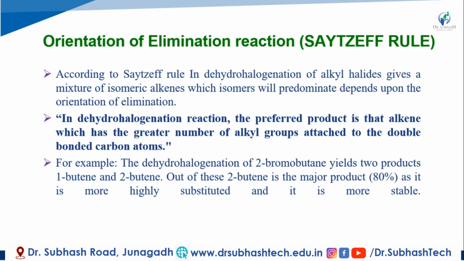In the dehydrohalogenation reaction, the preferred product is the alkene which has a greater number of alkyl groups attached to the double bonded carbon atoms.